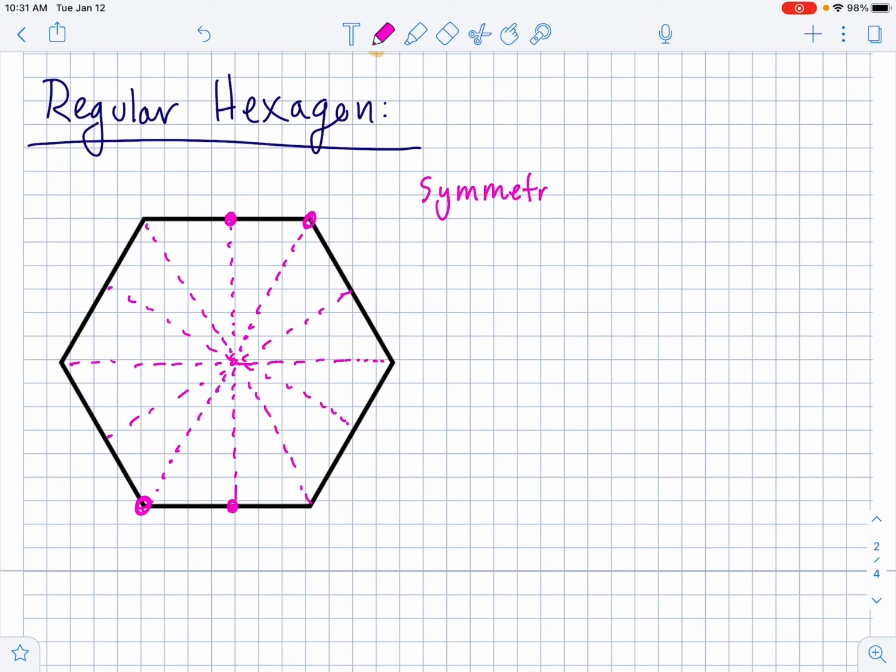So let's say that we get 6 lines of symmetry. There were 3 vertex to vertex, and also 3 midpoint to midpoint.